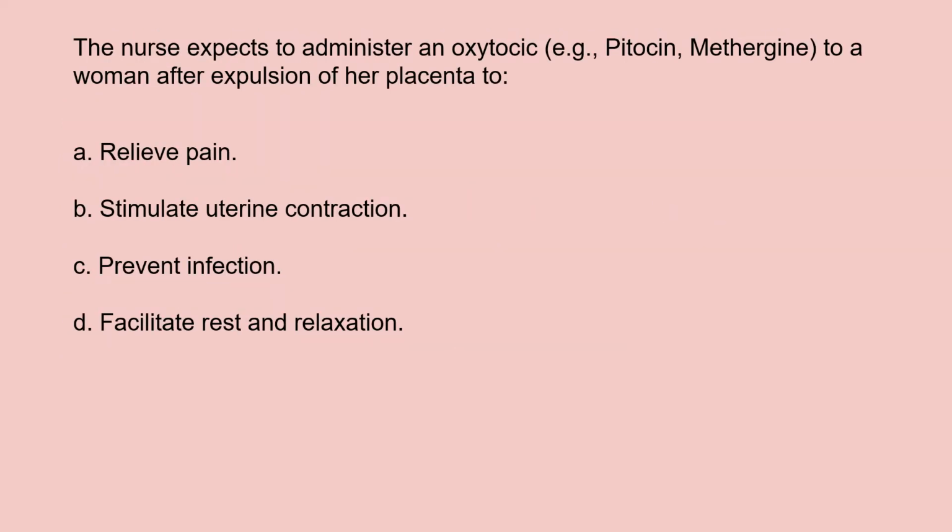The nurse expects to administer an oxytocic, e.g., Pitocin, Methergine, to a woman after expulsion of her placenta to A. Relieve pain, B. Stimulate uterine contraction, C. Prevent infection, D. Facilitate rest and relaxation.